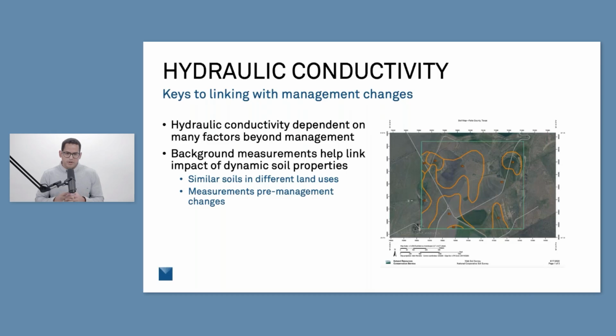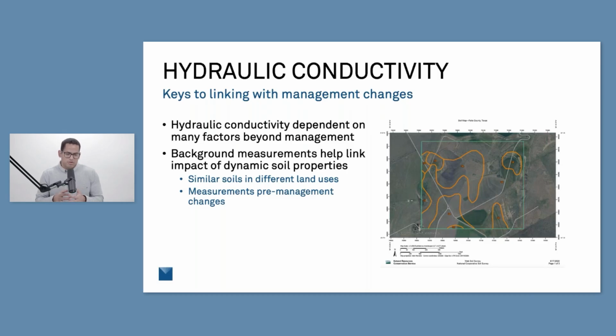And so what's helpful is if we can get some background data before the management changes have been put into place, or if we can actually get a site where we have similar soil types and compare those soil types across the different land uses, which you'll see in a study that we're going to talk about here in just a little bit, how we were able to do that at a site that had been in the same management for over 70 years now, but had very similar soils across that whole site.